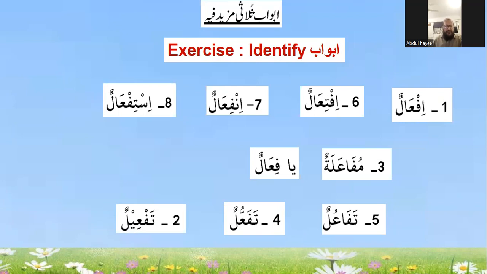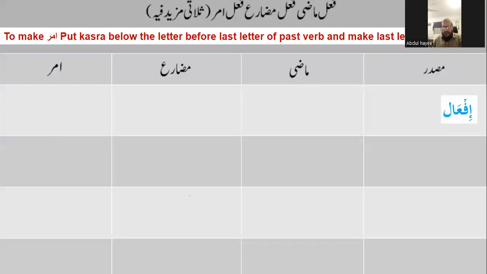So these are the 8 babs: ifalun, iftiyalun, infiyalun, istifalun, mufa'alatun, fi'alun, tafa'ulun, taf'ulun, and taf'il.